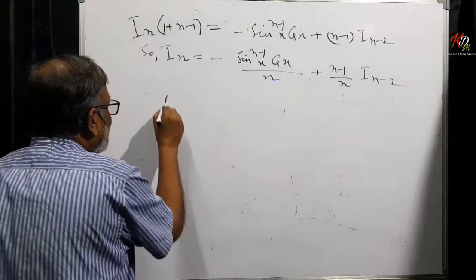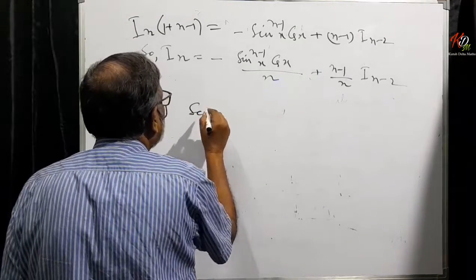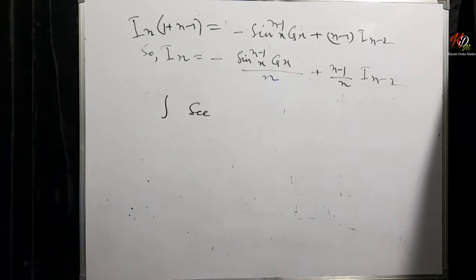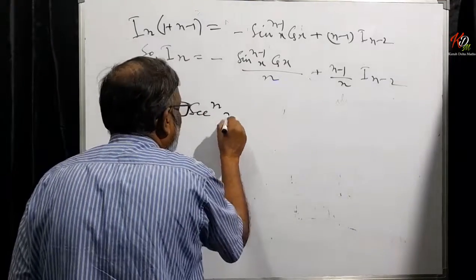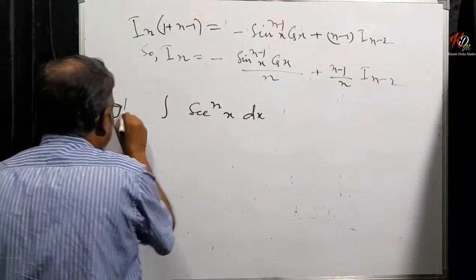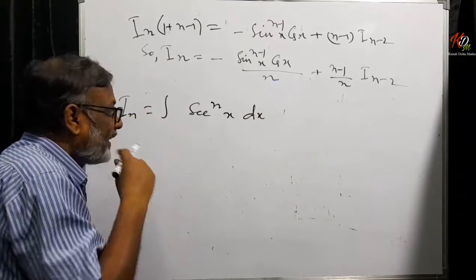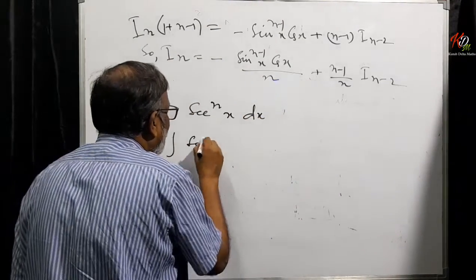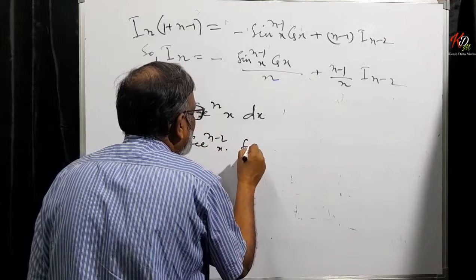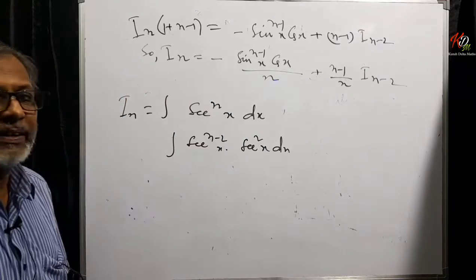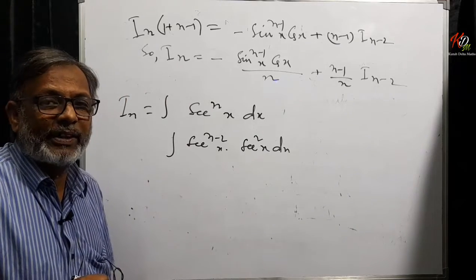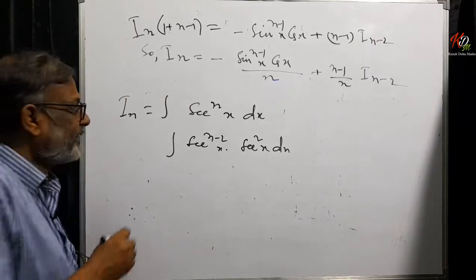Now, next, integration sec to the power nx dx, let I_n be the reduction formula of sec to the power n minus 2 x. Now, breaking into two functions, because we can easily obtain integration sec square x dx equal to tan x.